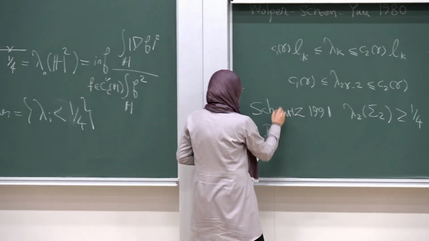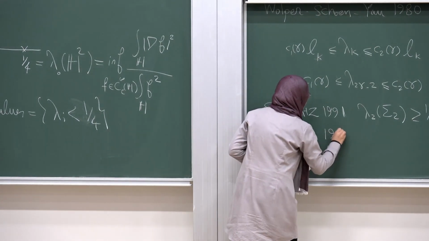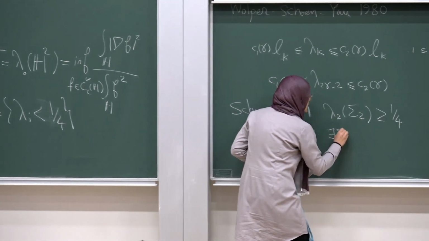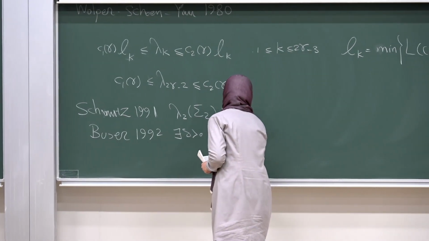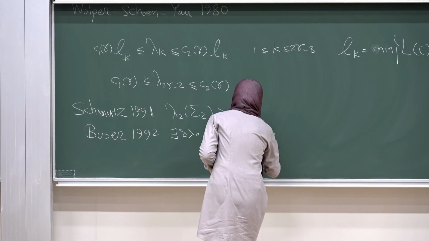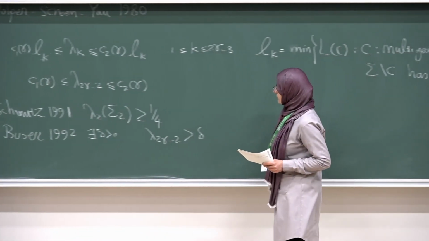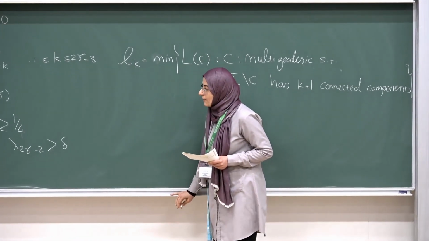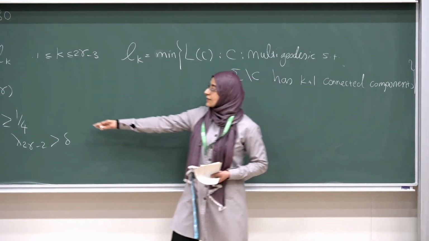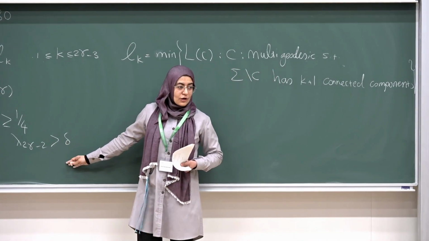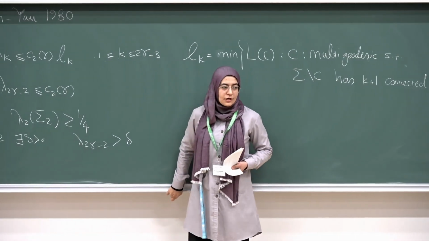Buser then improved this bound and showed that there is a uniform lower bound for λ_{2γ−2}. And they conjecture that the lower bound should be 1/4. So this lower bound should be true for λ_{2γ−2}.